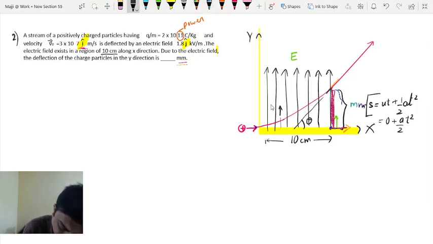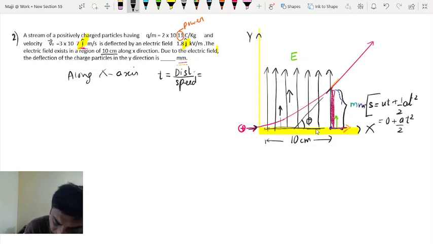So let us calculate the time. Now along the initial direction of velocity, the speed remains same, because anyway force is acting along y-axis. So considering the motion along the x-axis, we can write that the time elapsed will be distance by speed, since it is traveling with a constant speed along x-axis.